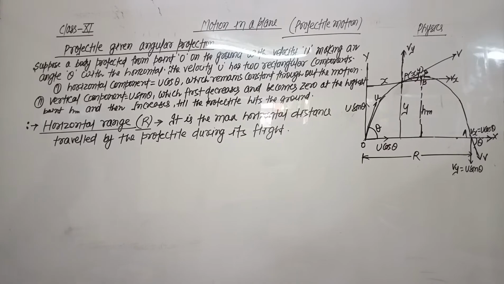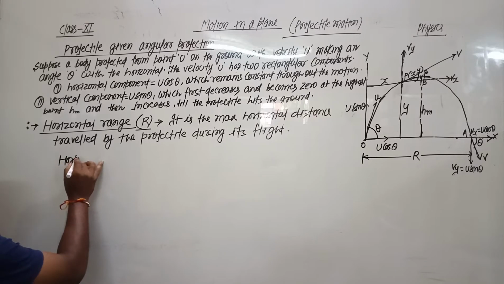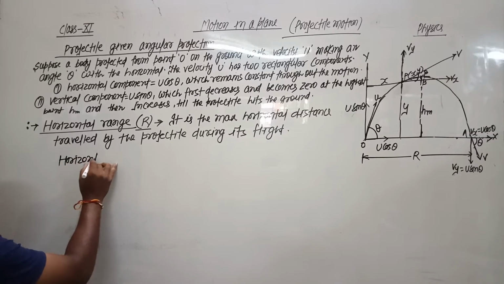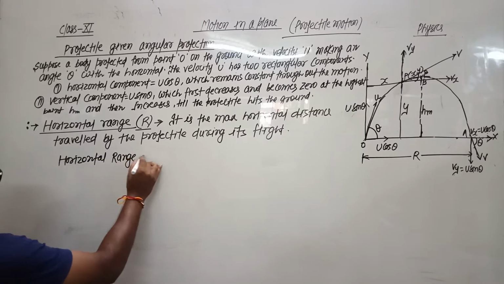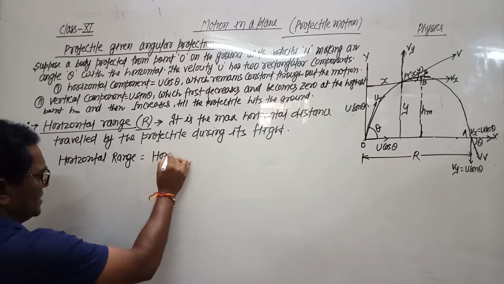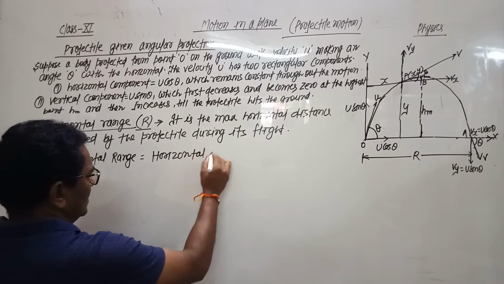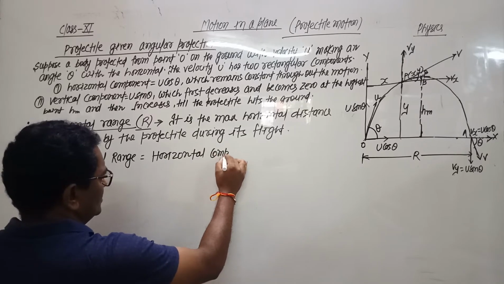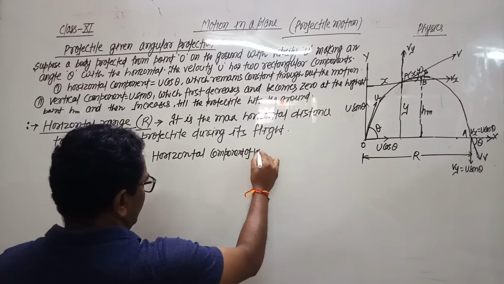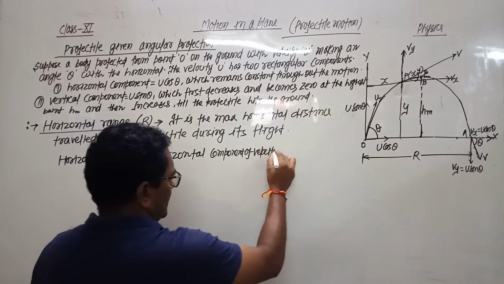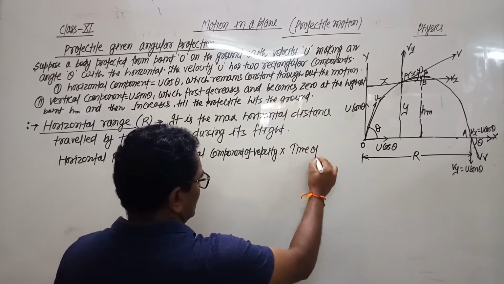So horizontal range, the formula for horizontal range equals horizontal component of velocity into time of flight.